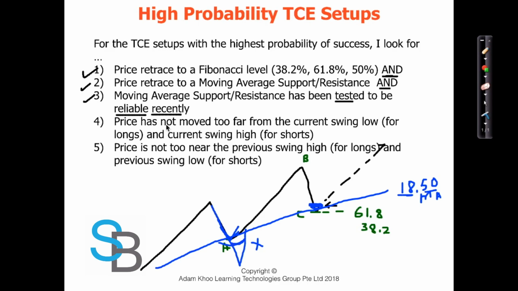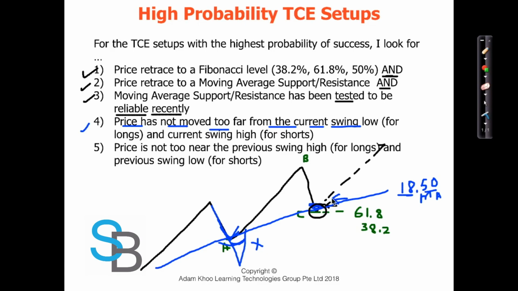Now, point number 4, I also want to ensure that ideally when I enter my buy, my long somewhere here, the price has not moved too far from the current swing low for a long trade. This is the current swing low here, at the end of the retracement.